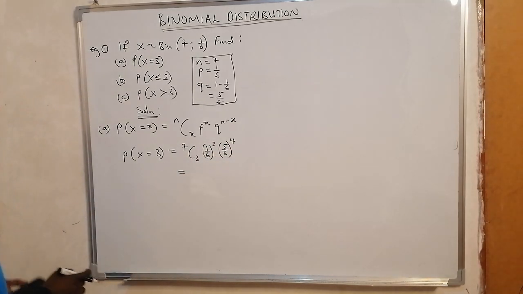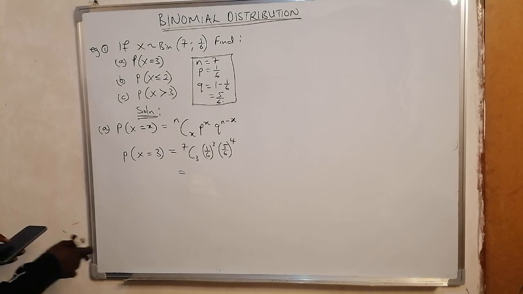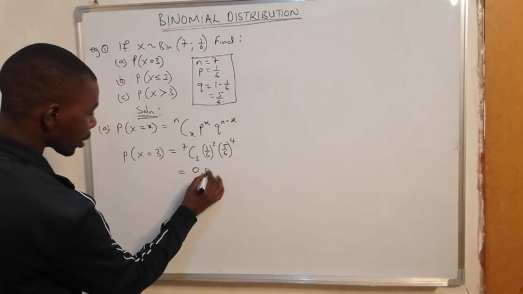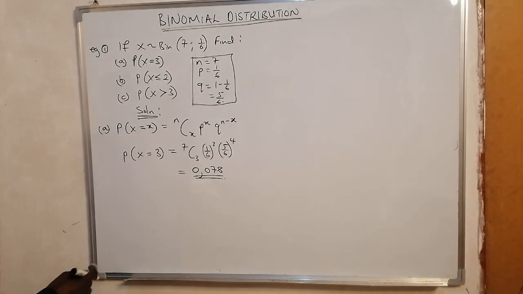Then we put this in our calculator. If you punch this in your scientific calculator, 7 choose 3 times 1 over 6 to the power 3 times 5 over 6 to the power 4, we get 0.078. This is for P of X equals 3.